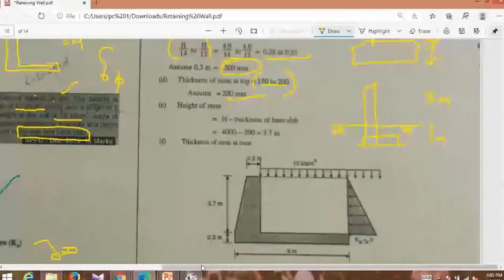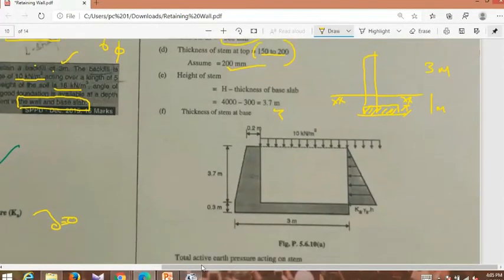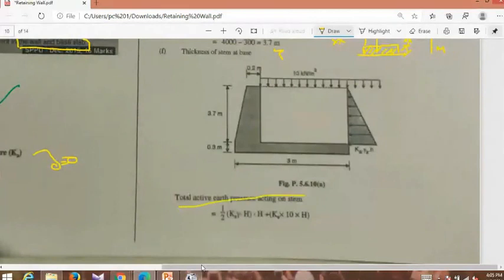In 4 meter, just remove this slab, and the remaining part will be the stem. So we have got the stem. Just represent the diagram with the dimensions. The next thing will be the active earth pressure calculation on the stem. Therefore, here we have these two. Just substitute the values.